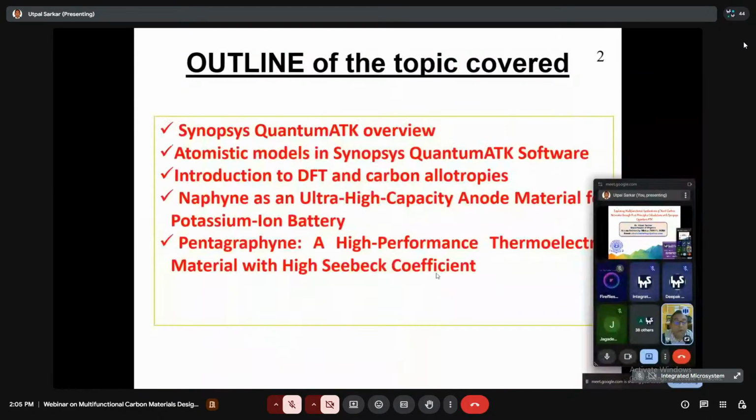We have used QuantumATK software extensively for the last 5 to 7 years, and we have published quite a lot of papers. And not all about these transport calculations, some other like sensing.